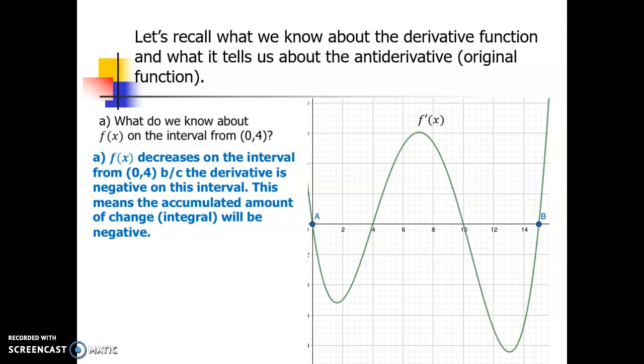So the amount of change must be that the curve is going down. f of x must be going down.